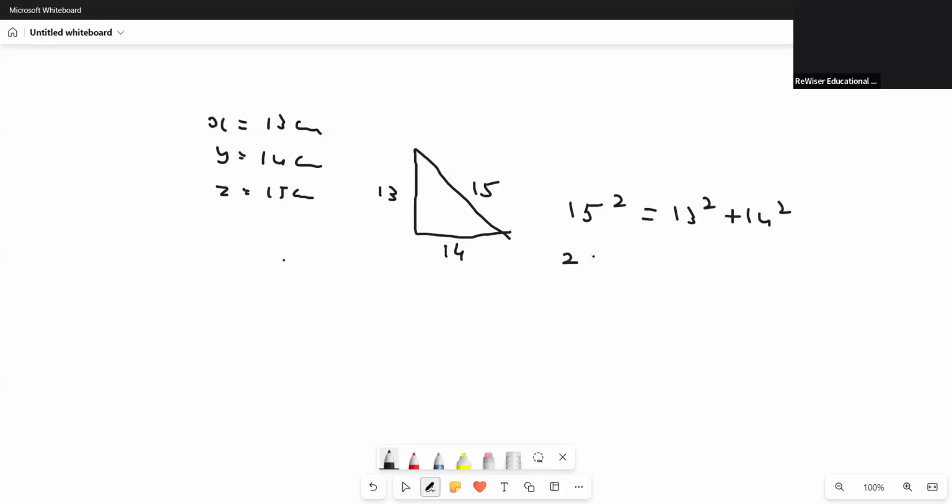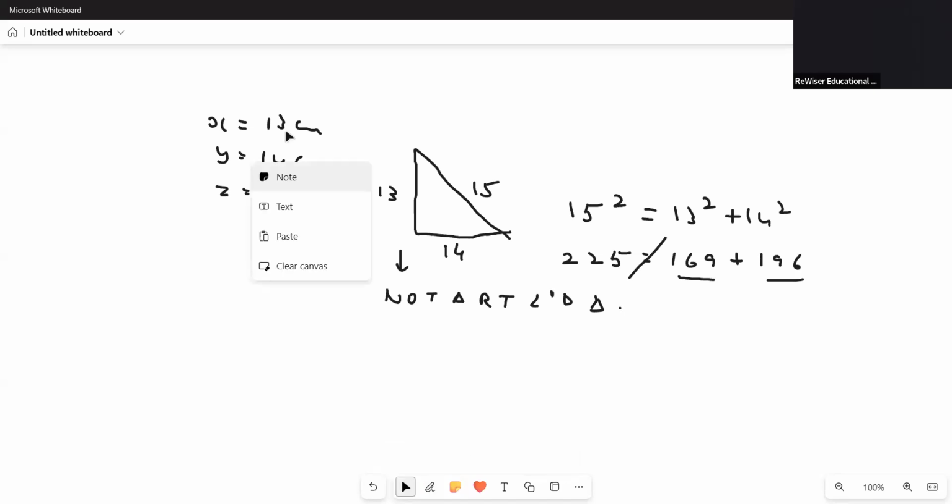So 15 square is 225 and 13 square is 169, whereas 14 square is 196. Clearly, 225 is not equal to 169 plus 196. This means that it is not a right angled triangle. So this is how lots of common sums are asked on Pythagoras theorem.